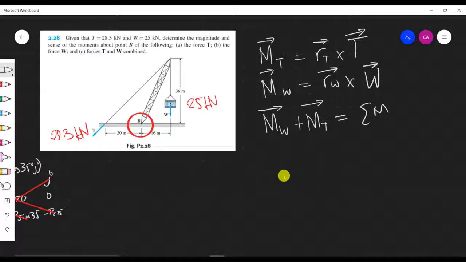So start tayo sa moment T. Okay? So R_T is equals to the vector R_T. Diretso ko na, no? So M vector T. So yung R_T natin ay, sabi from B papunta sa T. Yung point of application ng T ay dito. Teka.